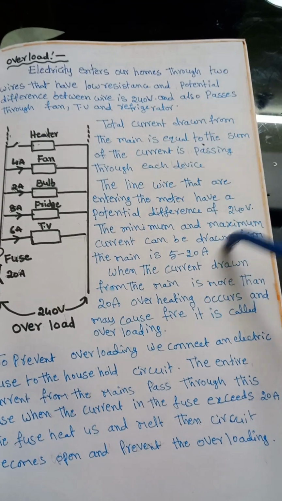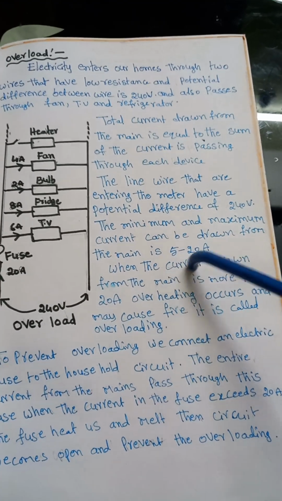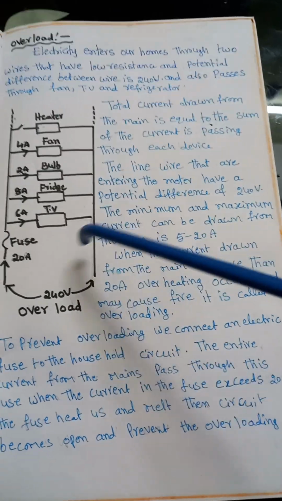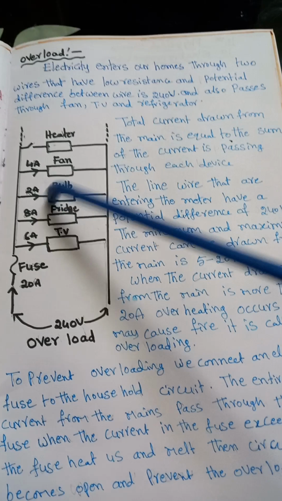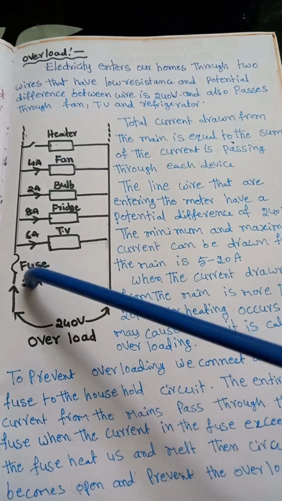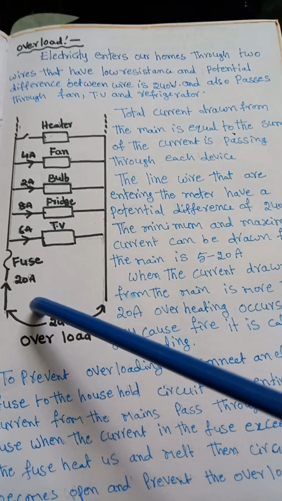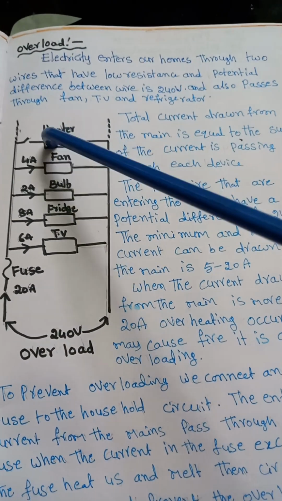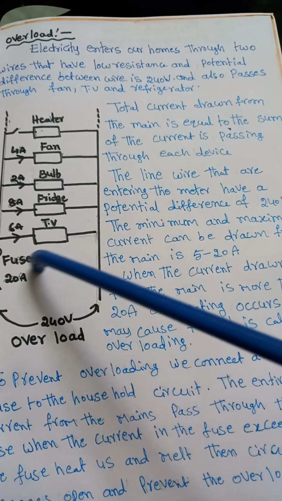The minimum and maximum current that can be drawn from the main is 5 to 20 amperes. The devices used in our home are in parallel connection, like heater, fan, bulb, fridge, TV.